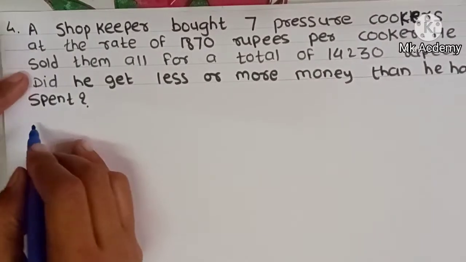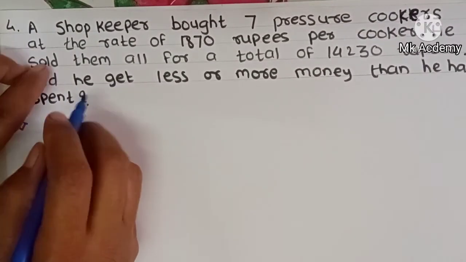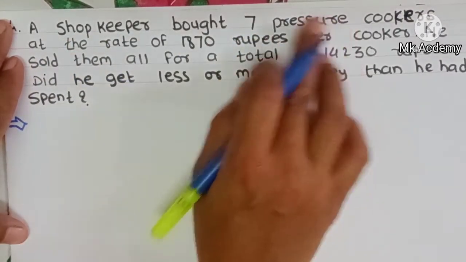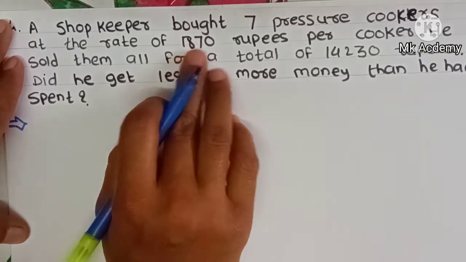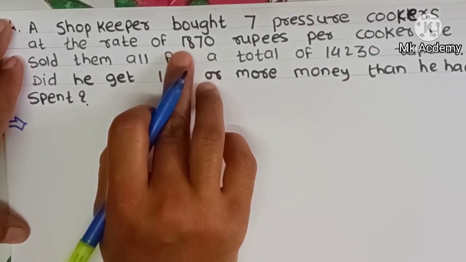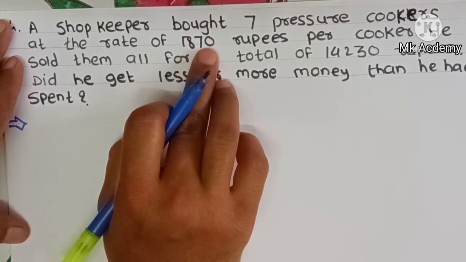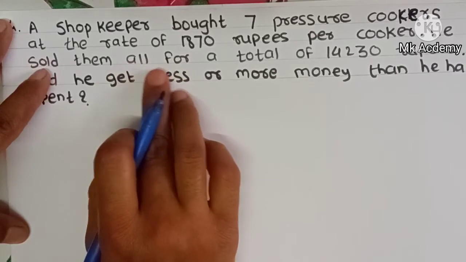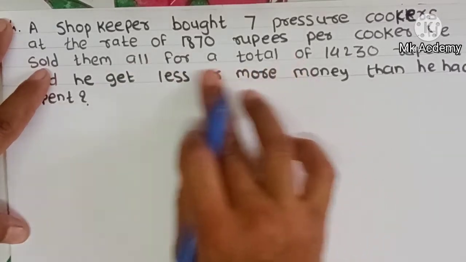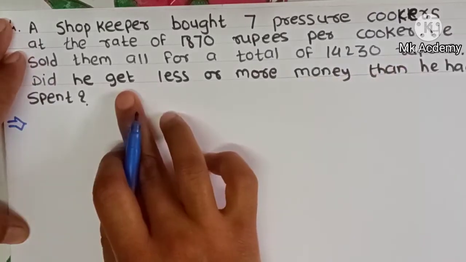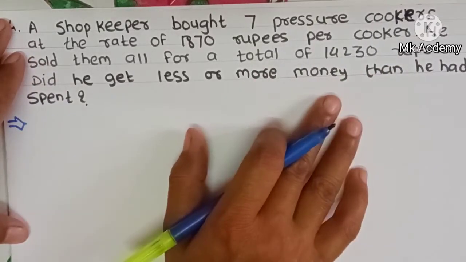Now, in this example, he bought 7 pressure cookers at the rate of 1870 rupees per cooker, meaning one cooker for 1870 rupees, and sold them all, and the total amount is given. He sold for 14,230 rupees, and we have to calculate whether he got less or more money.